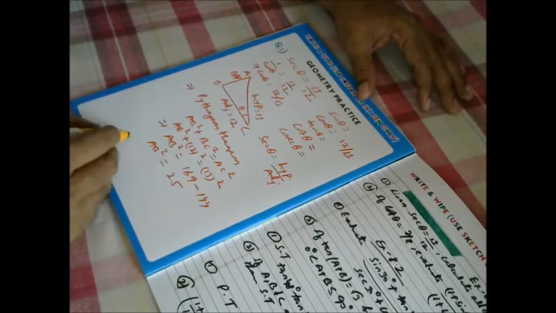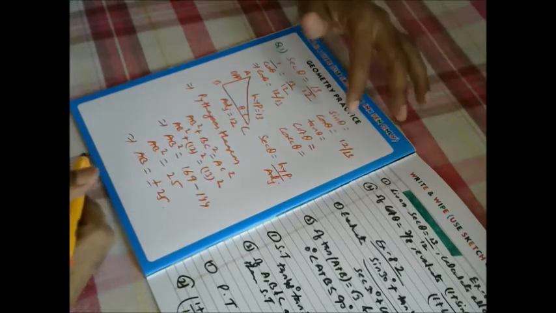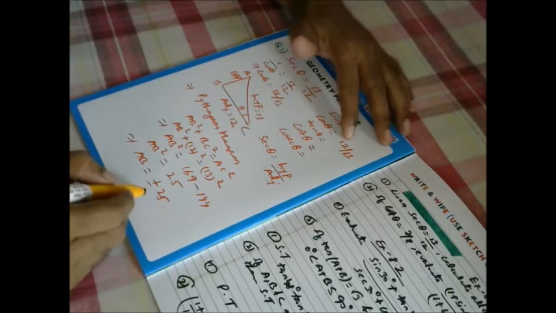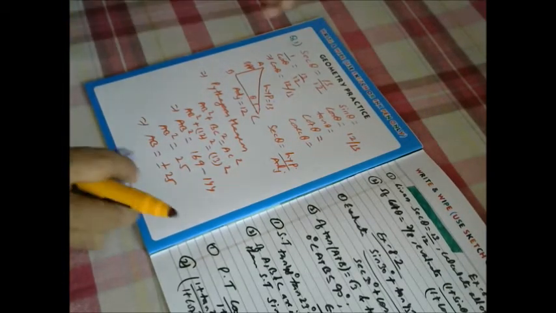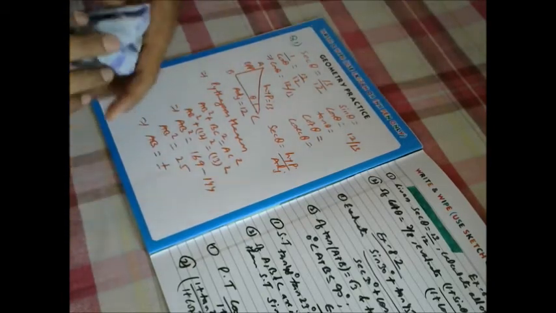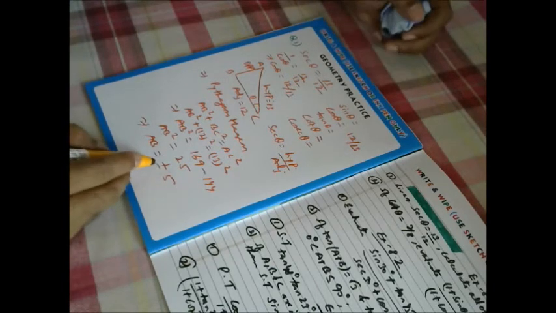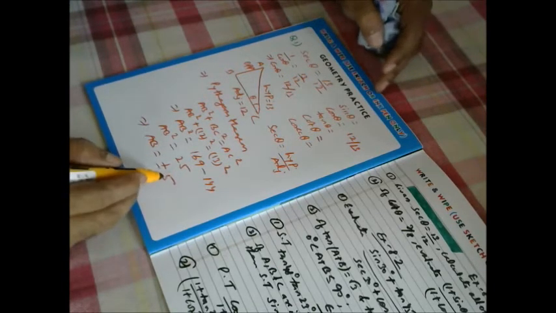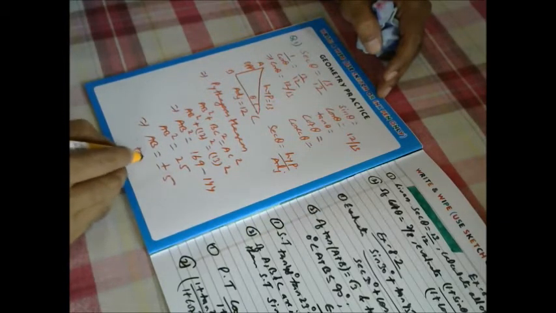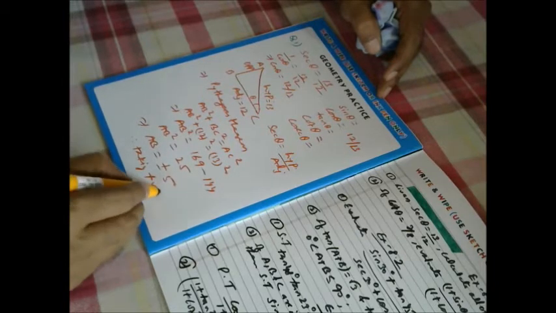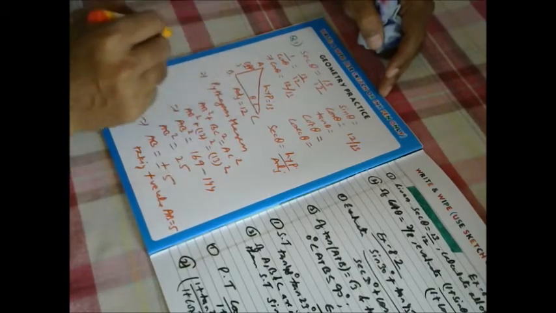AB square is 25, so AB is equal to plus minus 5. So the minus part we will not take, we will take the positive value only, because all others are positive. So taking the positive value, AB is equal to 5 unit. So AB also has become 5 unit.